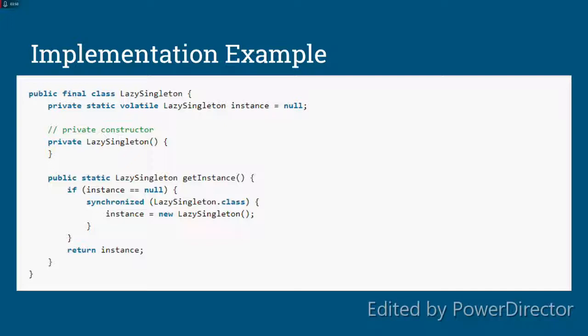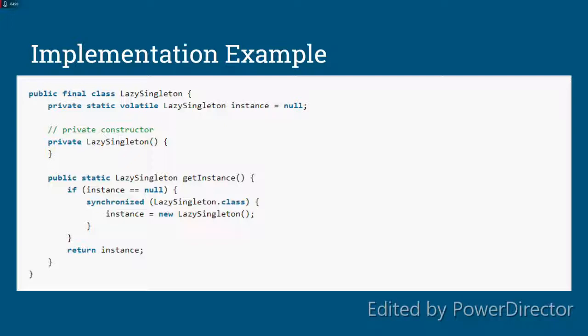And so since it's a lazy instantiation, it's going to fire only when necessary. When they fire the getInstance method, it is going to check if an instance has already been created, and if it hasn't been created, it will create the singleton class, making sure, as you can see, of the synchronized keyword.